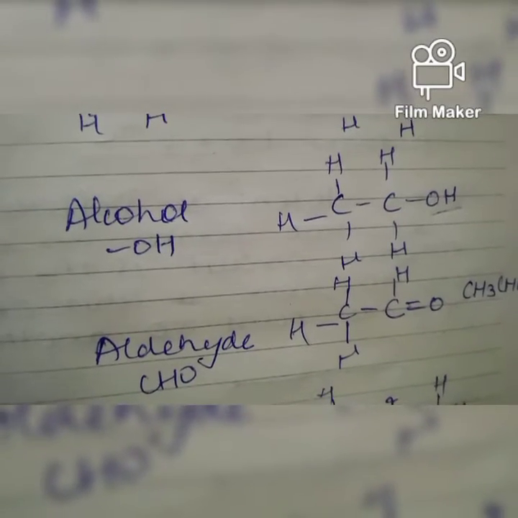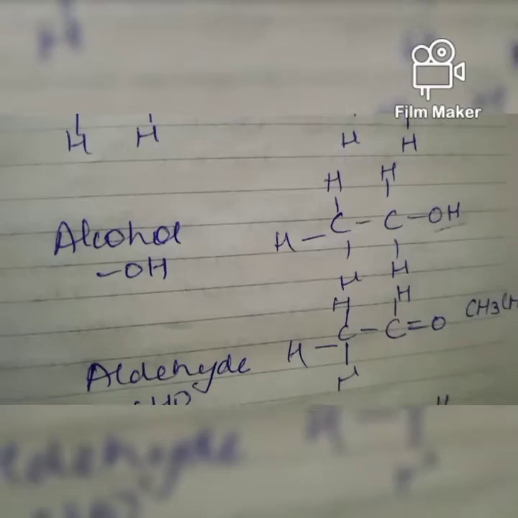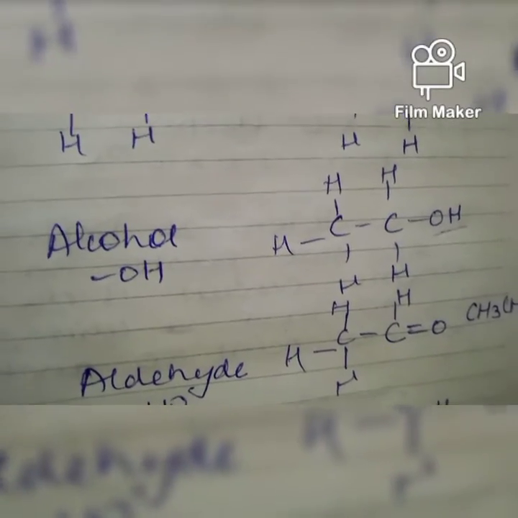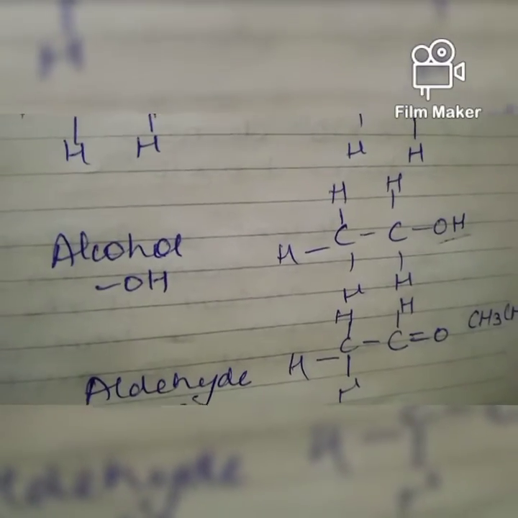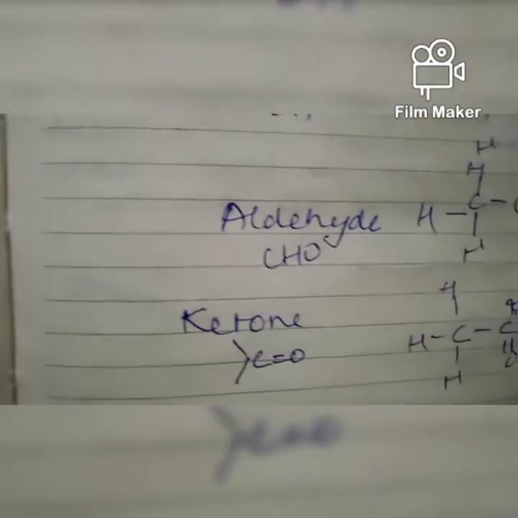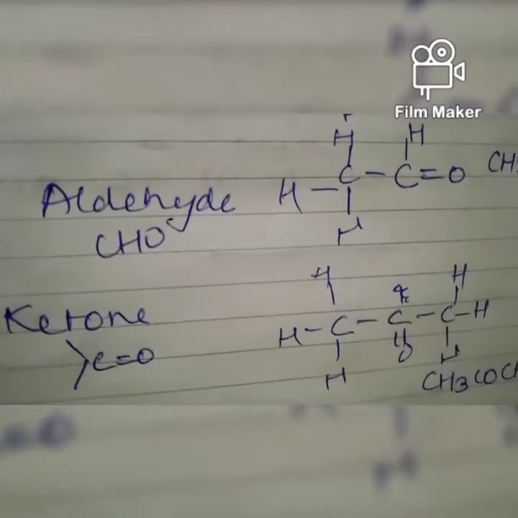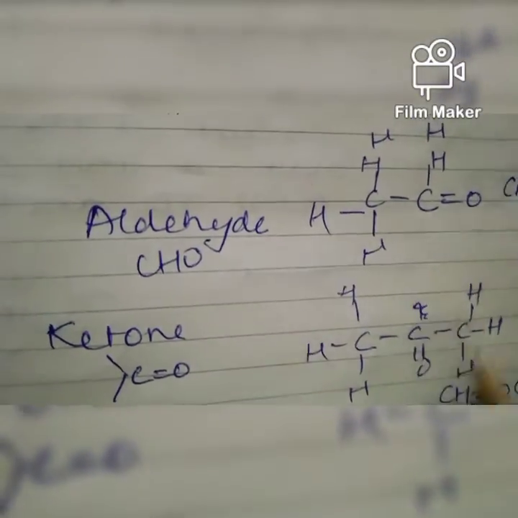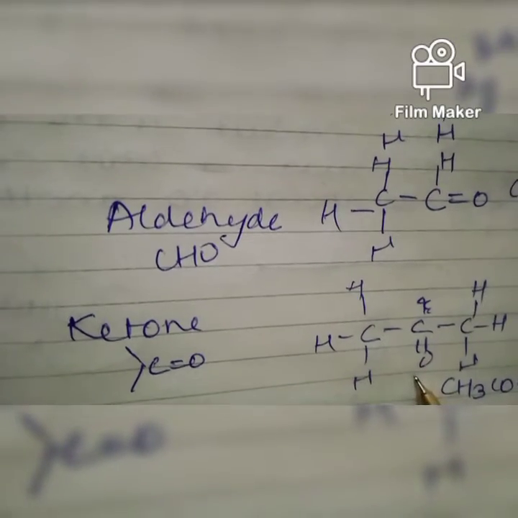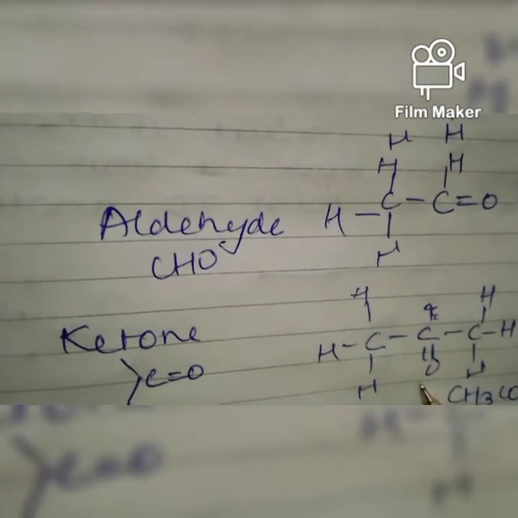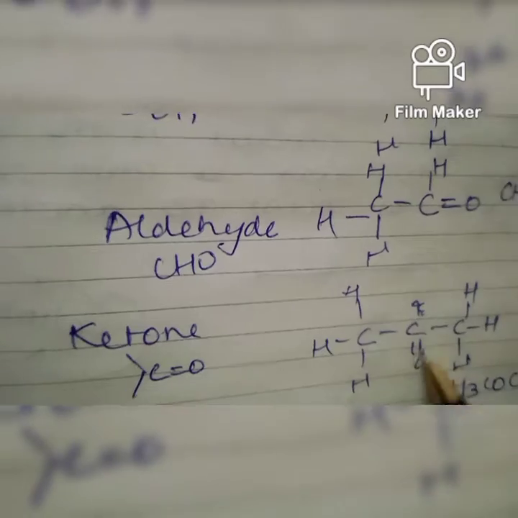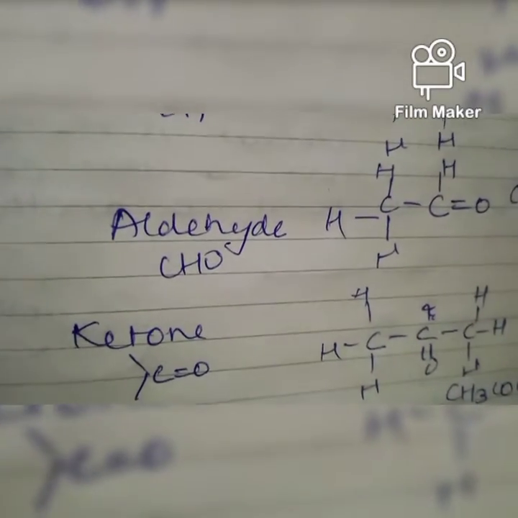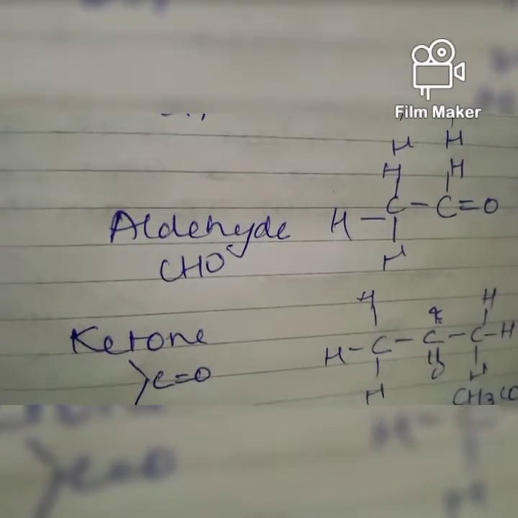Then we have the aldehyde group where two H's are replaced. Okay, one oxygen is being added. Then we have the ketone group where again two hydrogens of a middle carbon are replaced. It is not the end one, it is the carbon in the middle that is used.